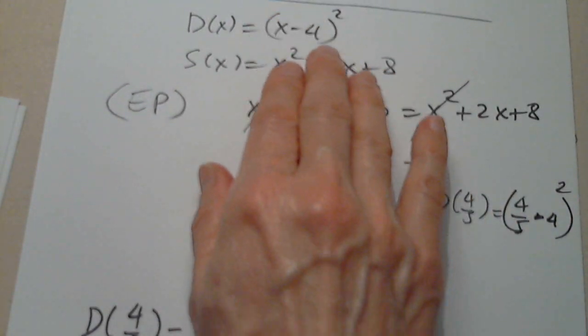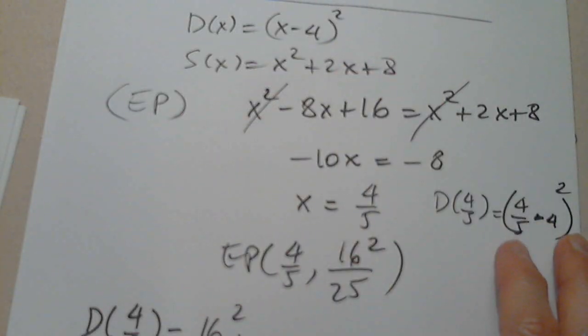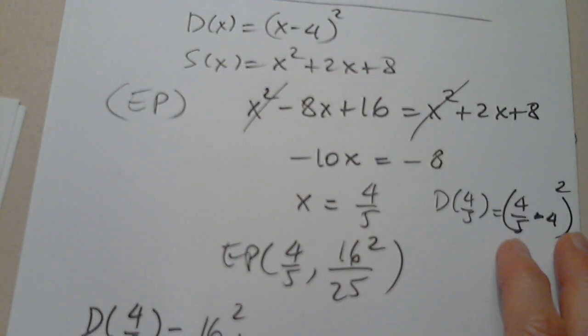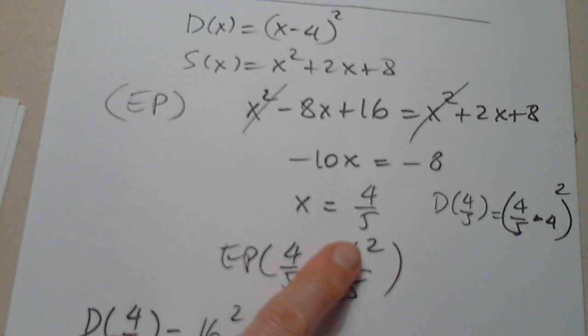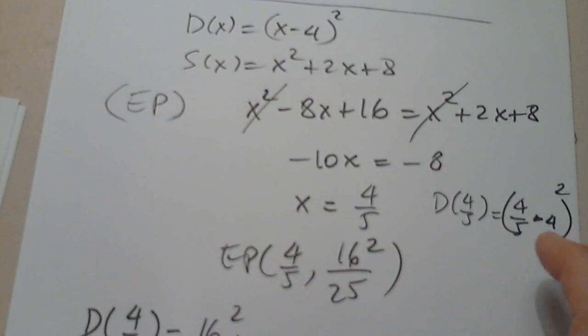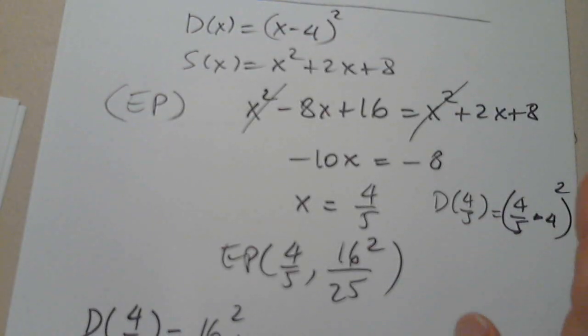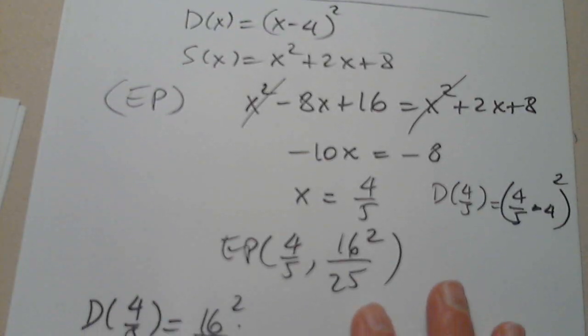So now I have to go back anywhere, it doesn't matter, and determine the y-coordinate of the equilibrium point. So 4/5 minus 4. 5 times 4 is 20. 4 minus 20 is negative 16 over 5. So it has to be positive because I have to square it. So it's 16 squared over 25.